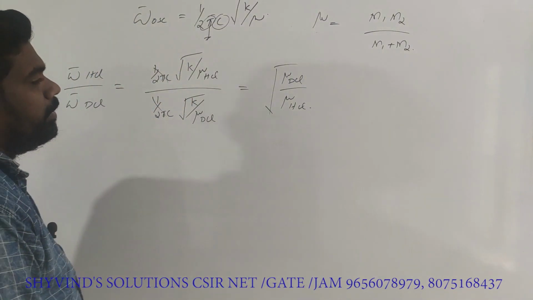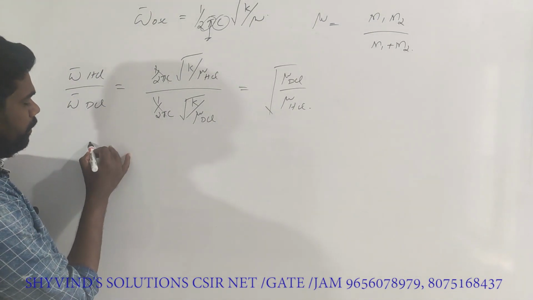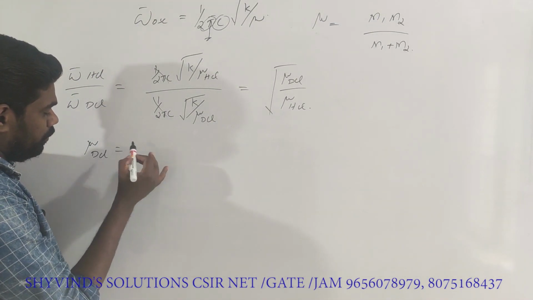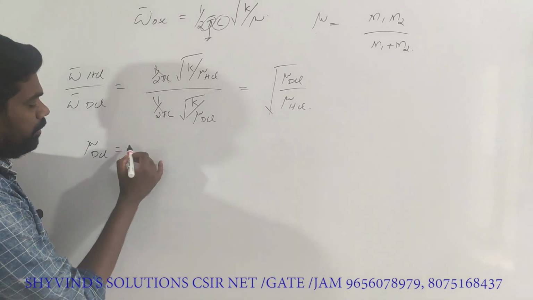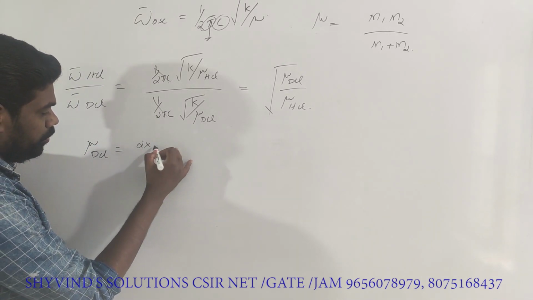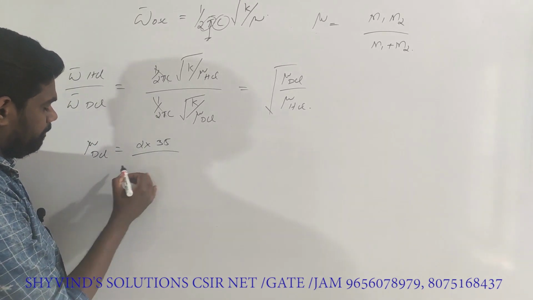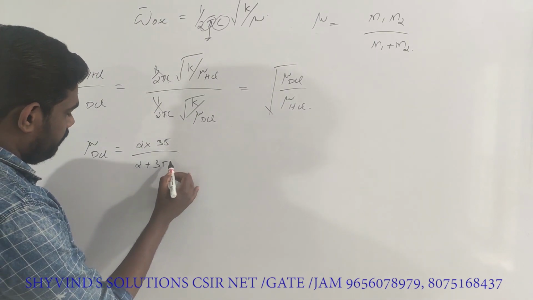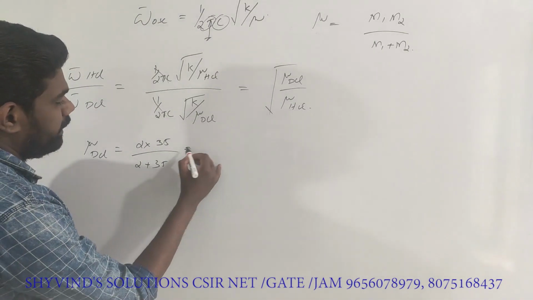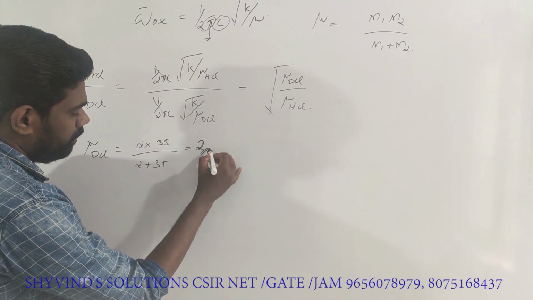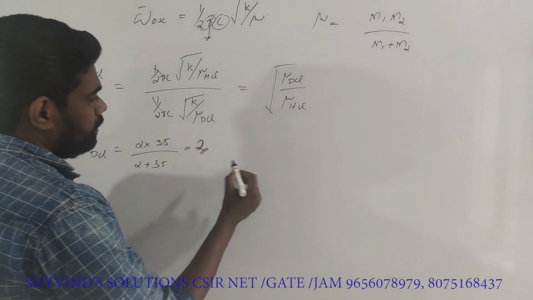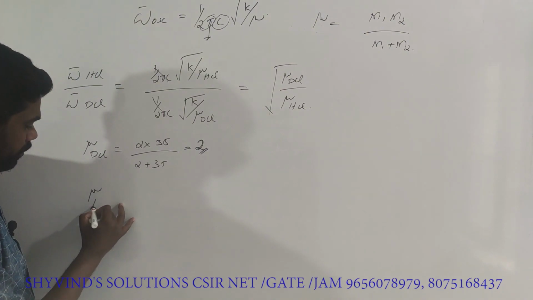Ready? Now we should find out the value of mu DCl. Mu DCl will be equal to m1 m2, m1 means mass of deuterium, 2 into 35 divided by 2 plus 35. It is nearly equal to 2. And what is mu HCl?